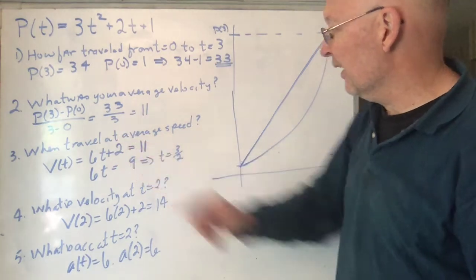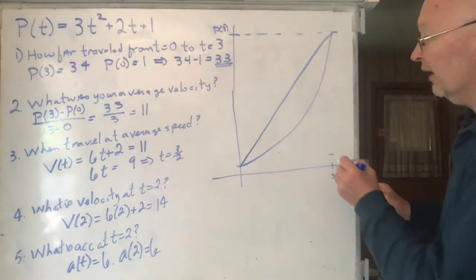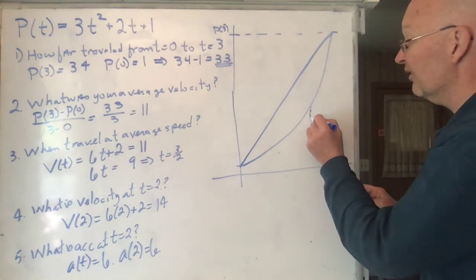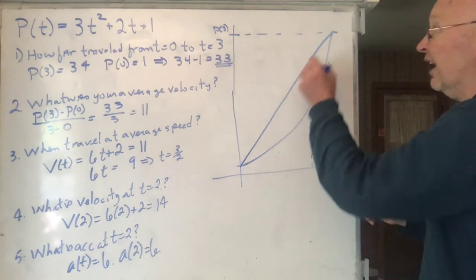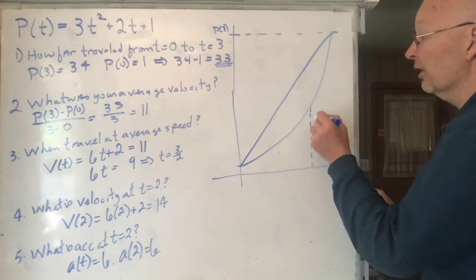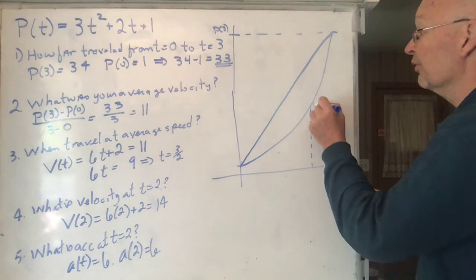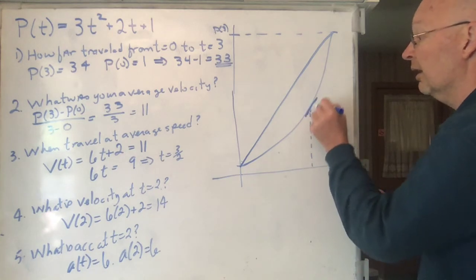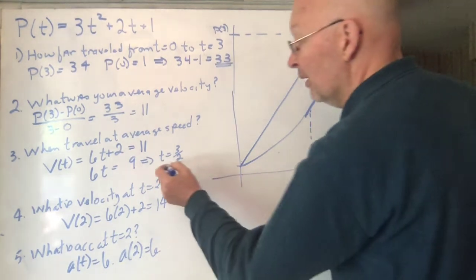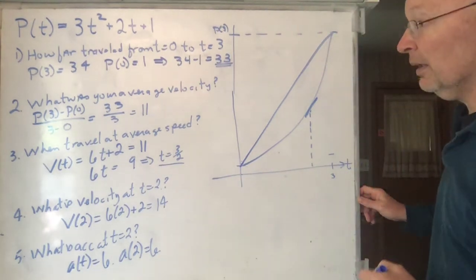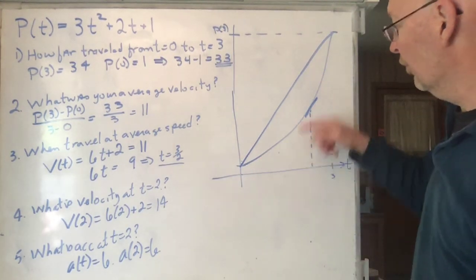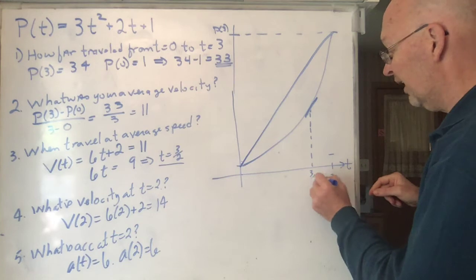When did you travel at the average speed? Well, there's your mean value theorem again. What's the mean value theorem say? It says whatever this average slope is, it has to occur someplace in between here. So here's a spot right there, namely at 3 halves. If I had drawn it nicely, that would be 3/2 right there.